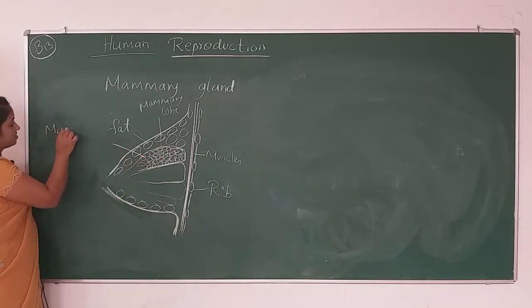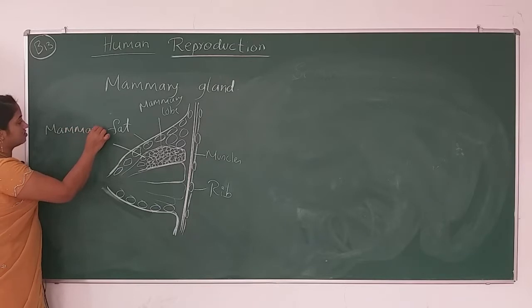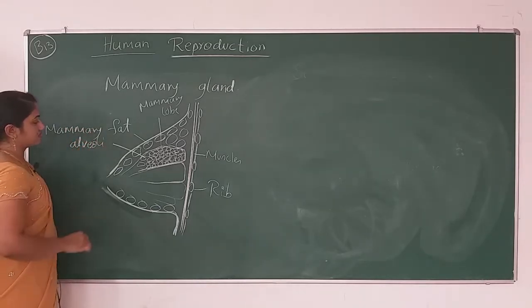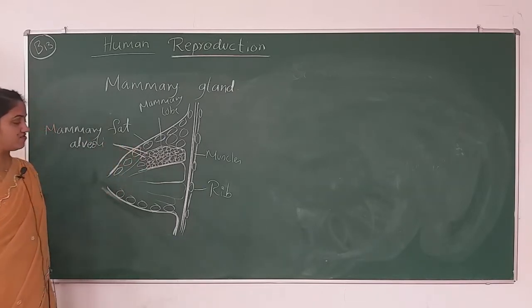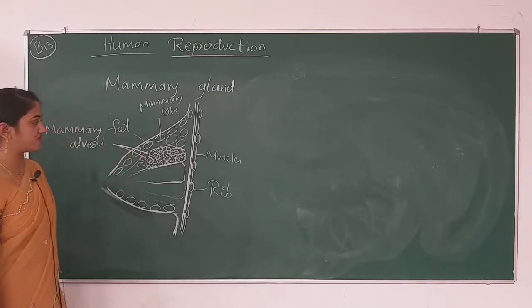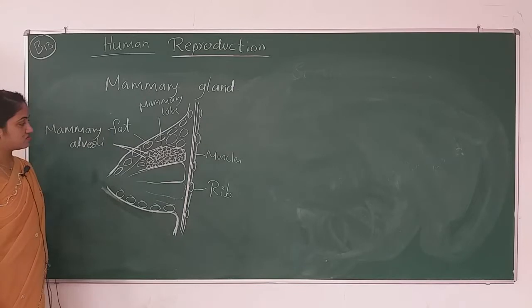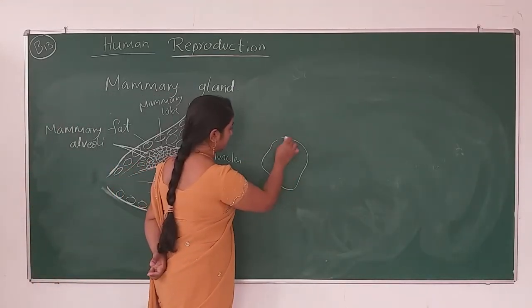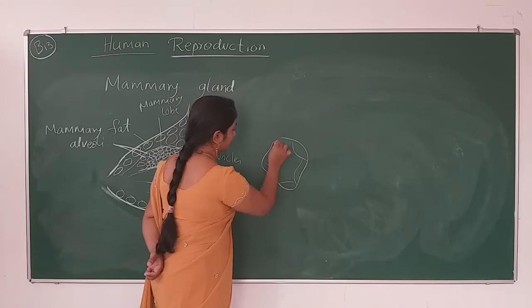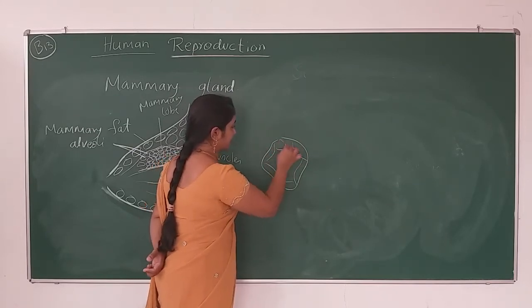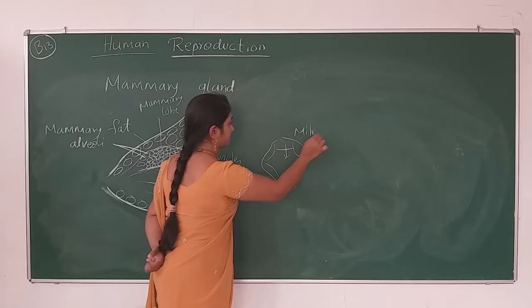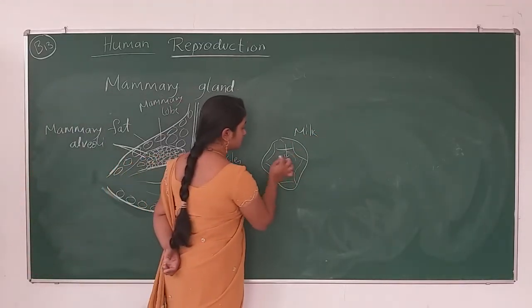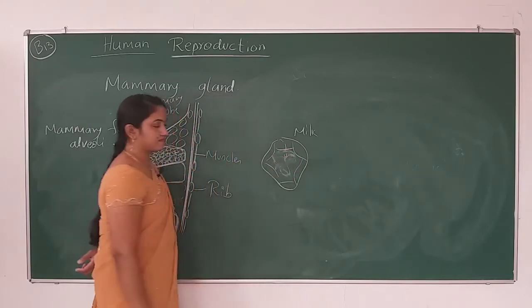This is the mammary alveoli. The cells of the alveoli secrete milk into the lumen of the alveolus.